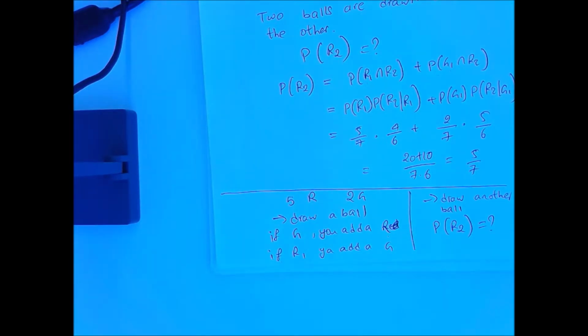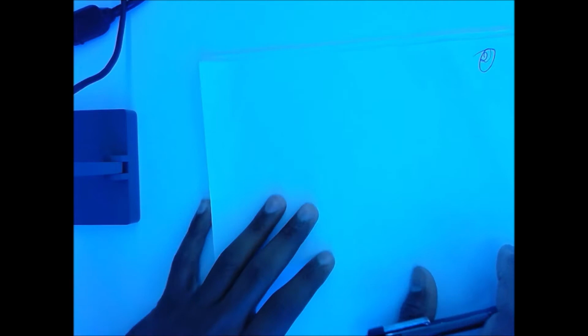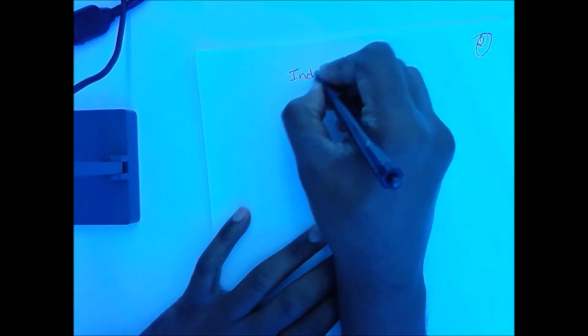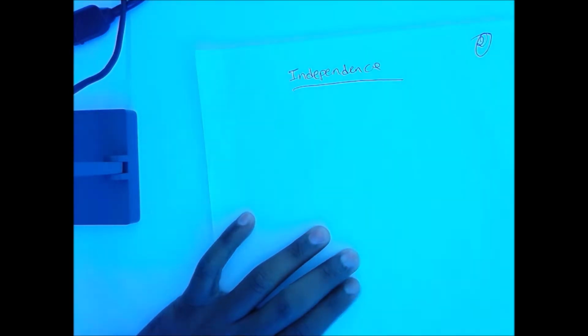Look at statistical independence. Independence is probably one of the most important properties of random events, and one of the most difficult to verify in reality.